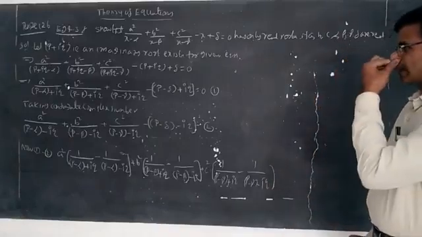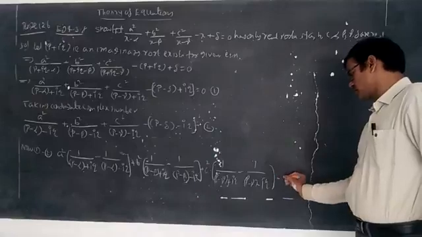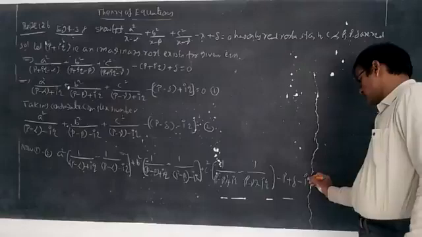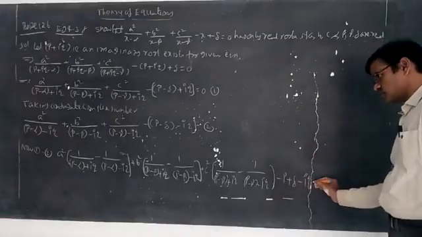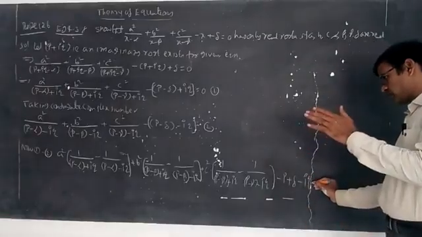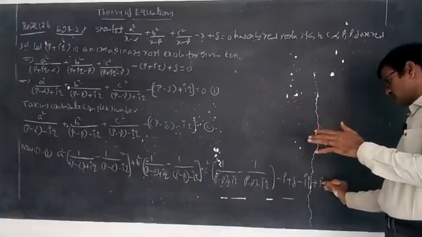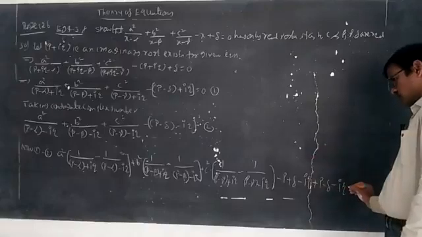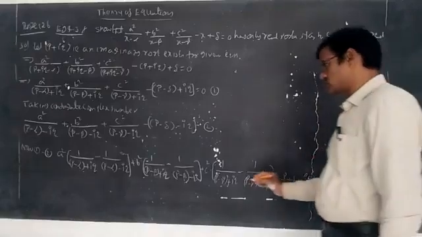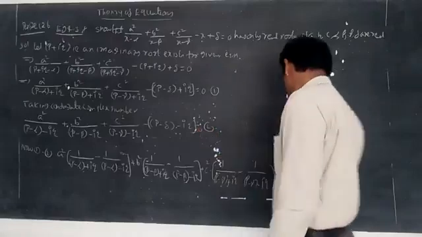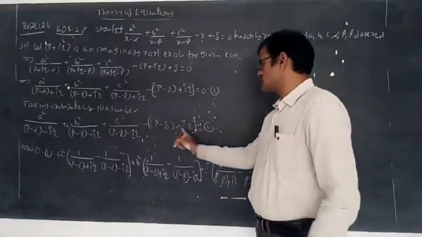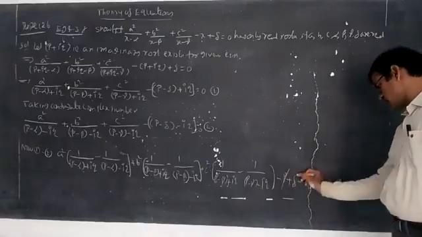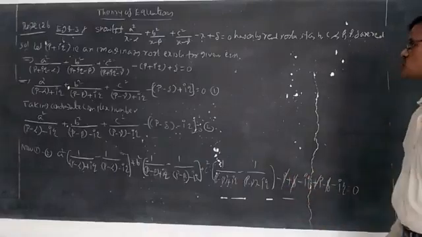Next one, minus p plus delta minus iq, so it becomes plus p minus delta minus iq equal to 0. Now add this, so minus p plus p gets cancelled, delta gets cancelled, minus 2iq is there.